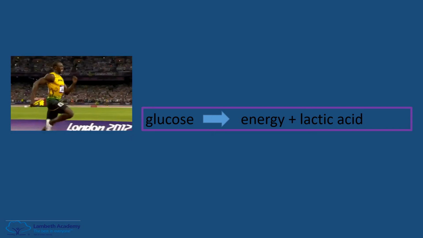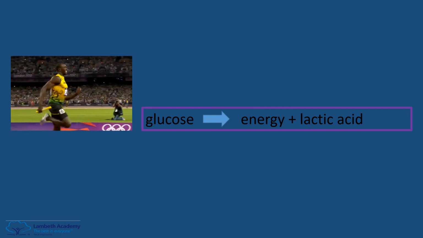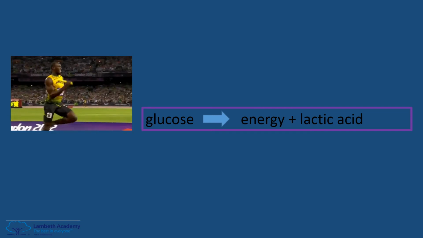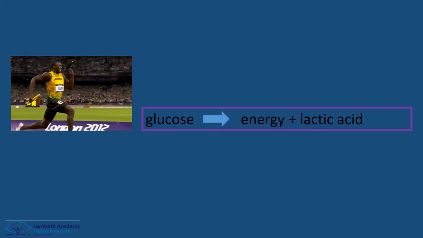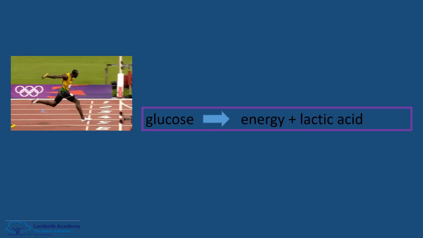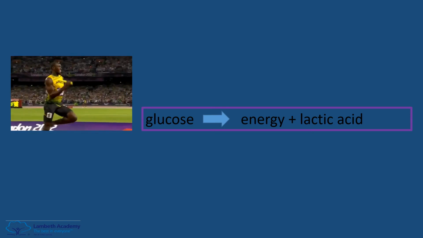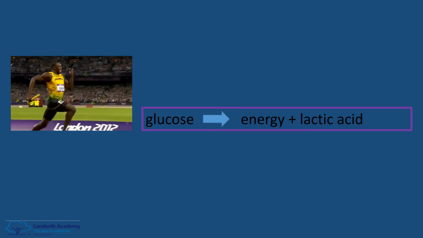This could be a burst of power, such as long jump, or it could be a sprint. Normally, somebody using anaerobic respiration will be performing without using any oxygen. So that could be something like a throw or a jump, any of your field events during athletics.